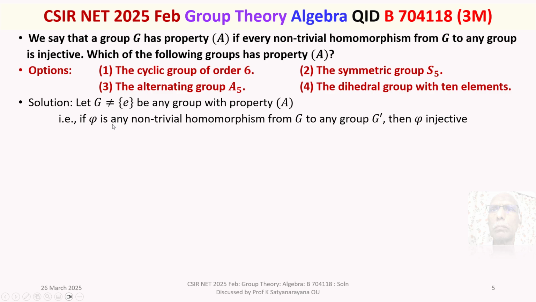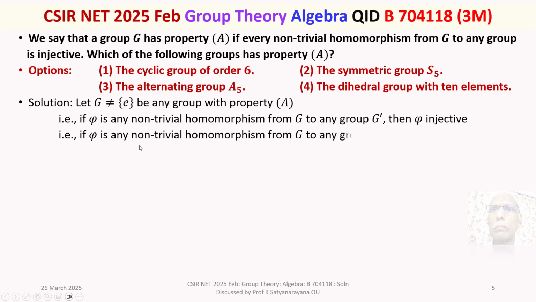Non-trivial homomorphism means phi doesn't map all the elements of G to the identity element of G prime. Otherwise it will be a trivial homomorphism.